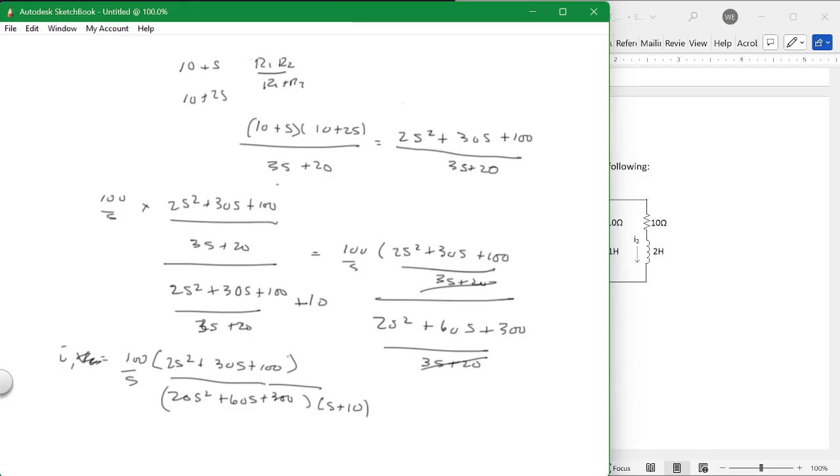Now, how do I get my answers here? How do I physically get through this thing? Well, I look for factorability if I can find it, but if I can't, I do some canceling, but it's doable. This is my I1. My I2 is 100 over S times 2S squared plus 30S plus 100 over 20S squared plus 60S plus 300 times 1 over S plus 2S plus 10.